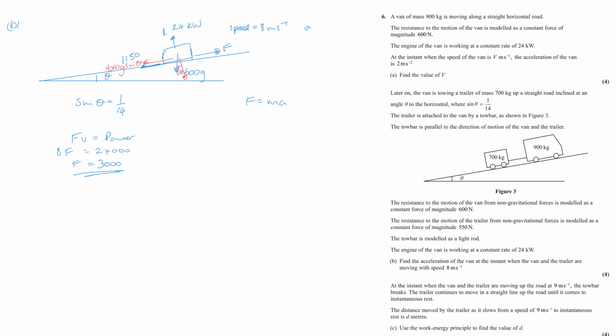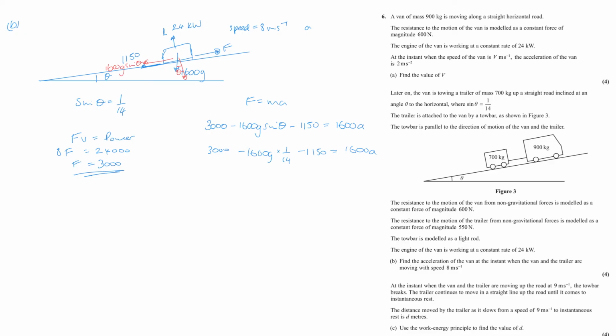So we've got F is 3,000 minus 1600 G sine theta minus 1150 equals 1600 A. So that's 3,000 minus 1600 G times 1 over 14 minus 1150 equals 1600A.